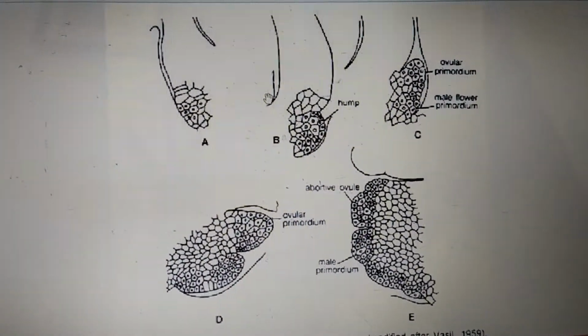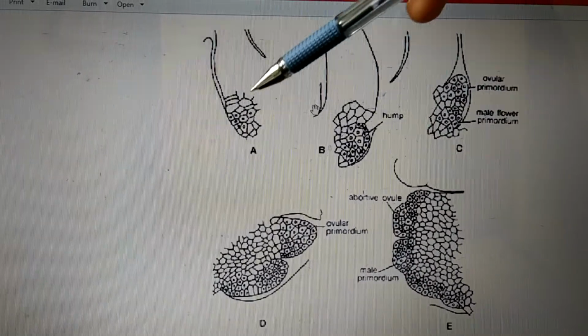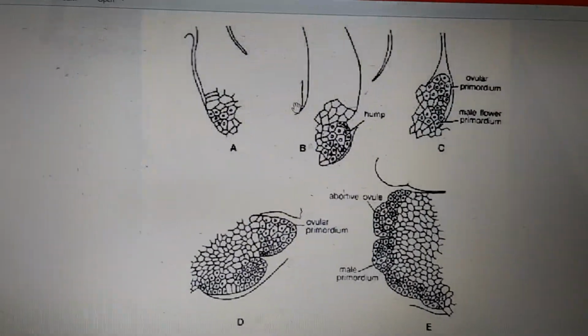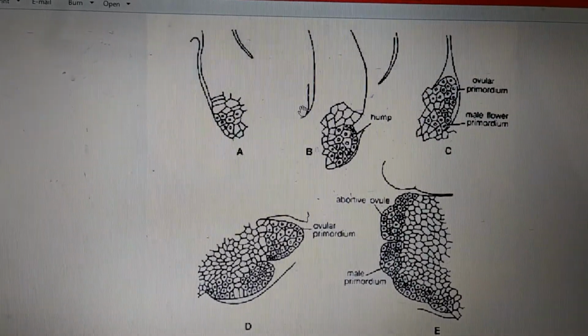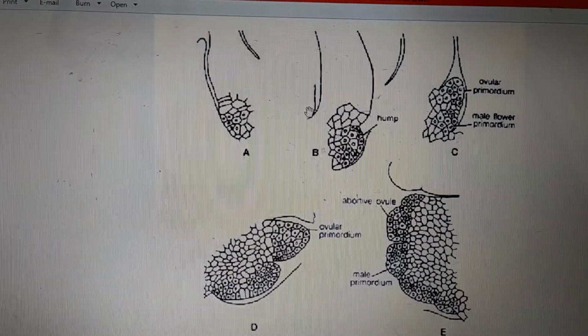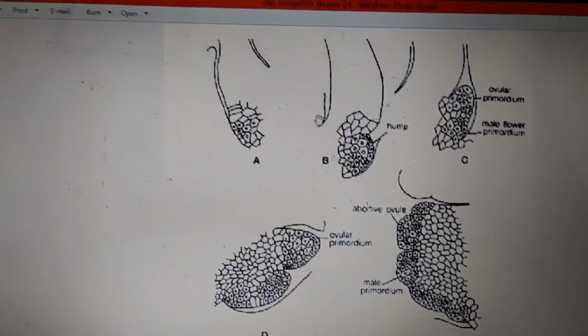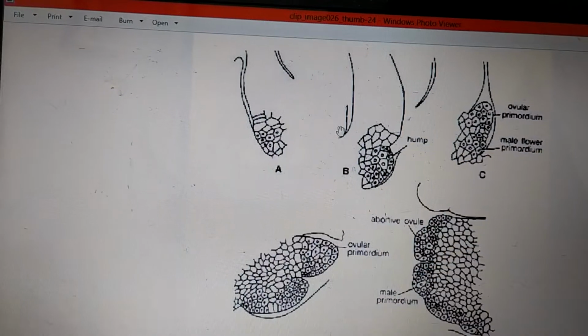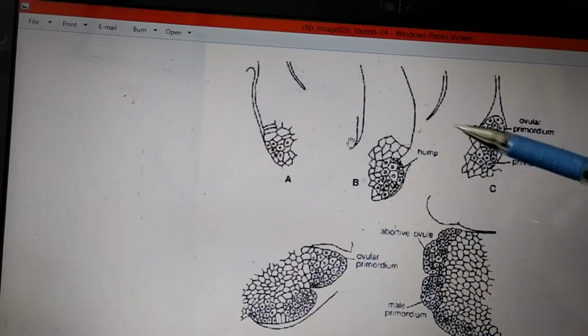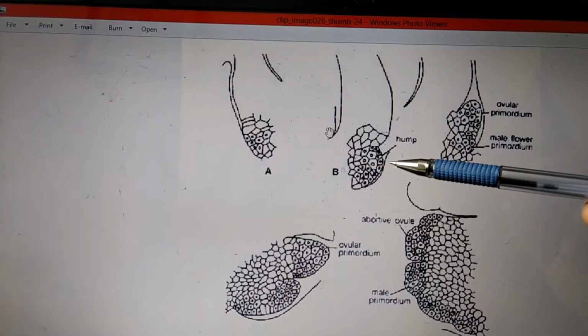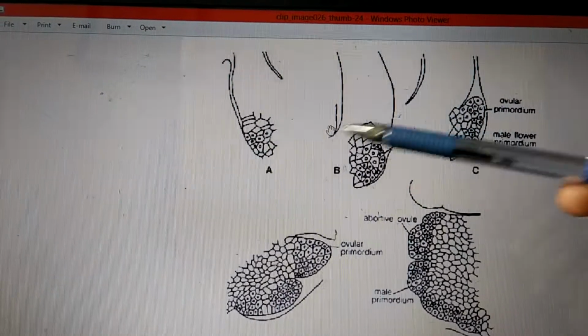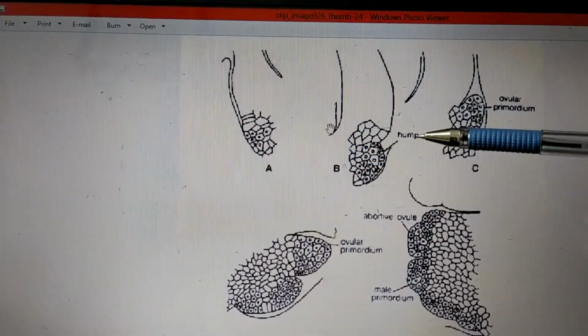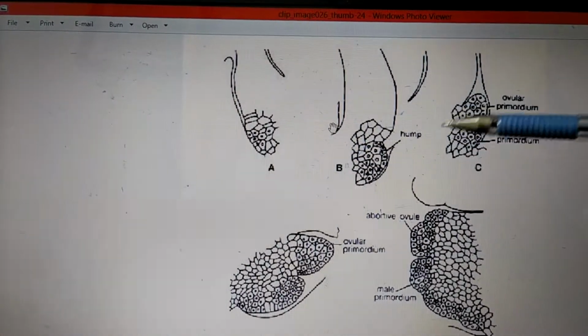They are going to divide repeatedly. Here this is going to explain the same thing. They are going to divide repeatedly and form a small hump or outgrowth-like structure. This small hump or outgrowth-like structure is going to divide and lead to the formation of this stage.